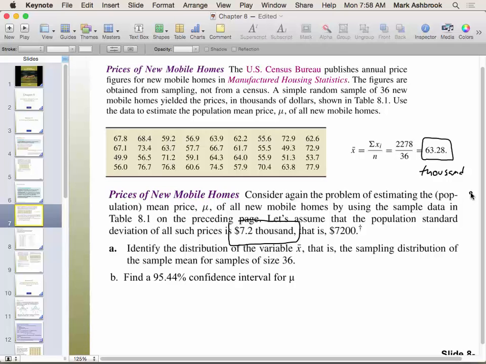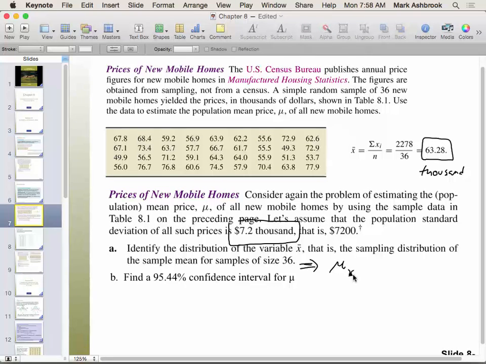Okay, so it says identify the distribution of the means, the sampling distribution of means for a sample size of 36. And now we all know what that means, to identify a distribution. What does it mean to identify a distribution? Madison. The mean and the standard deviation. What is the mean of the means? 63 points.